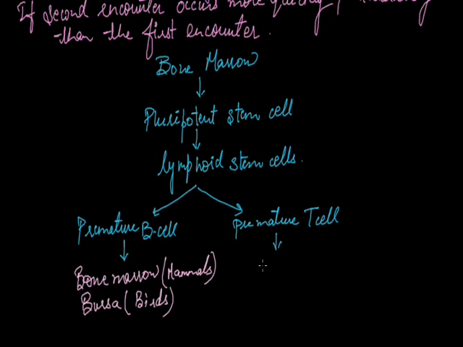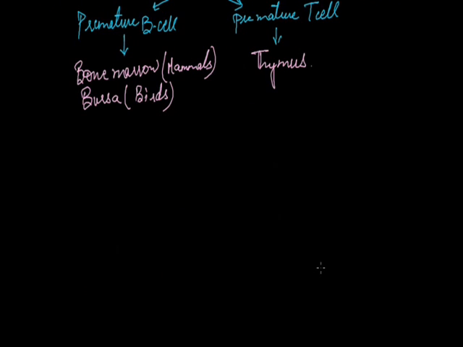Likewise, premature T cells will migrate to the thymus for maturation and processing. In the lymphoid organ, premature cells will form a B cell, while the thymus will form a T cell.